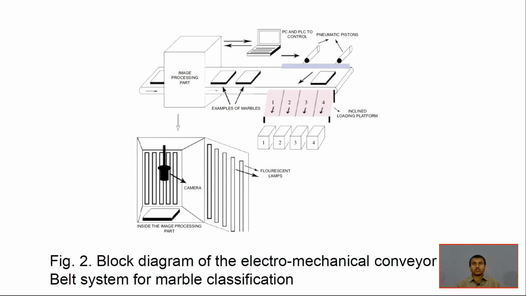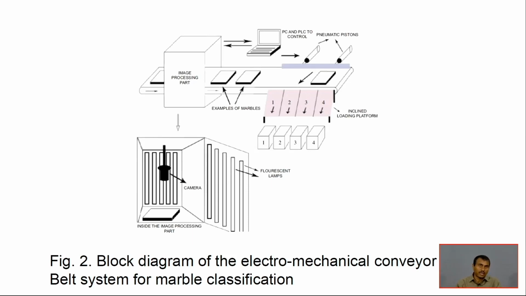In this closed loop system, the camera gets the image of the marble one after another, and once the acquisition is done, a command goes from the computer to the control system to move another marble to the box.